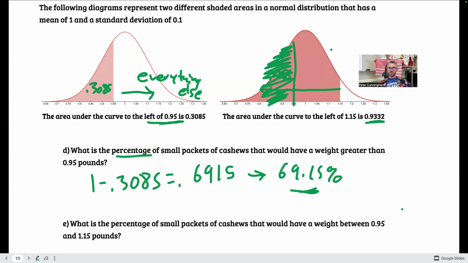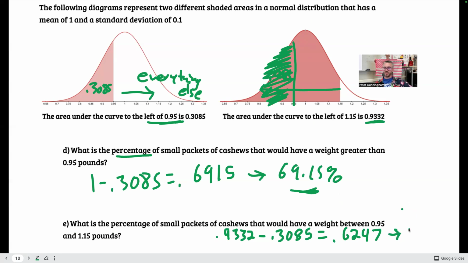We want this part. So if this entire thing was 0.9332, we take away that 0.3085 that I just shaded over. I put 5 instead of 85, should be 85. And you end up with 0.6247.